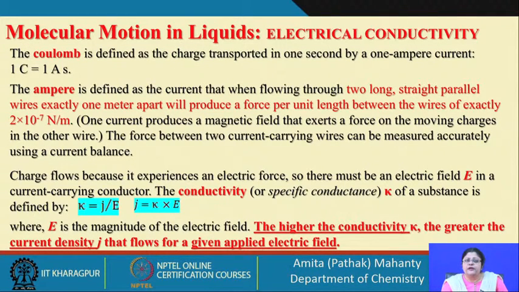Okay. So, J is the current density per unit electric field. So, we can say the current density is nothing but the conductivity times the electric field associated with the current carrying conductor.